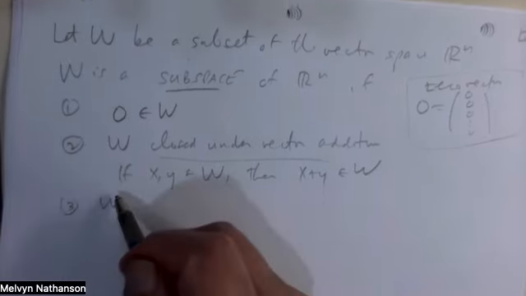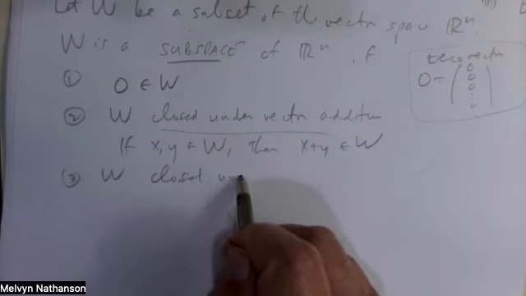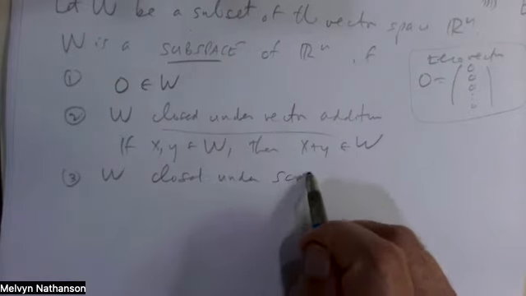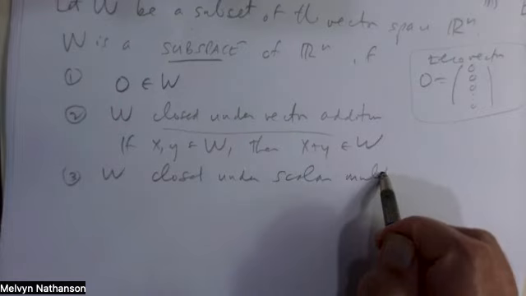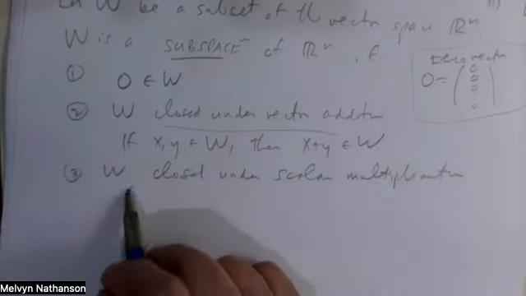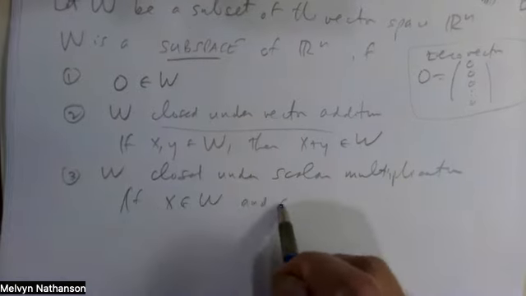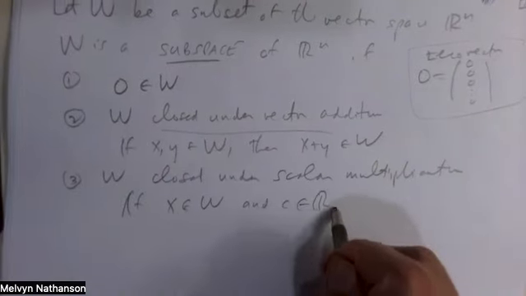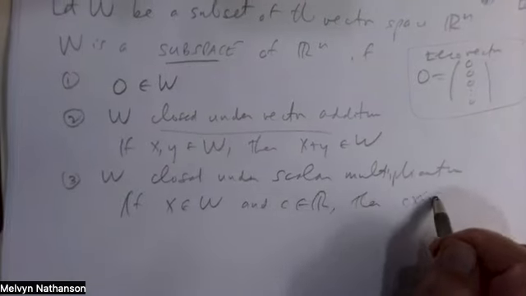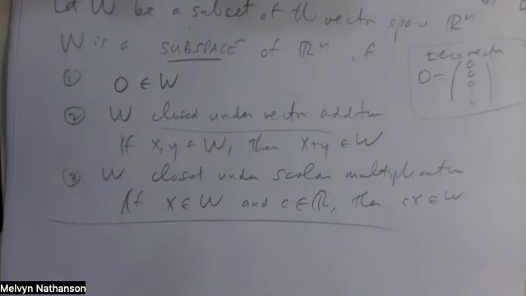And third, W must be closed under scalar multiplication. This means that if x is a vector in W and c is any scalar, any real number, then c times x is in W.